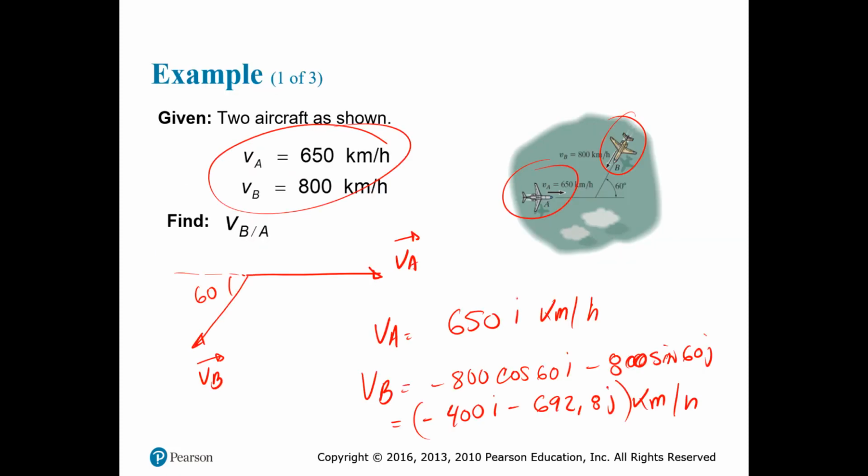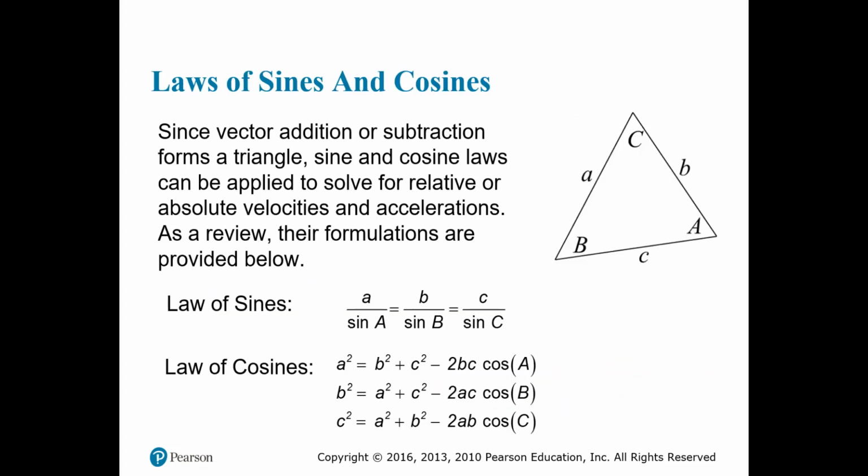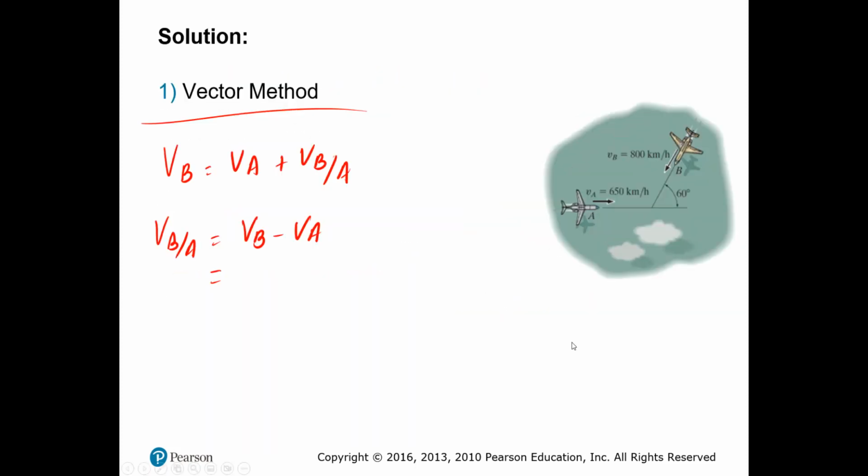So i's go with i's and j's go with j's, and that's it. When I do that, I will get that VB/A is equal to minus 1050 i minus 692.8 j, and that's kilometers per hour.